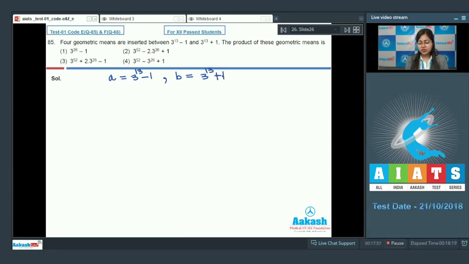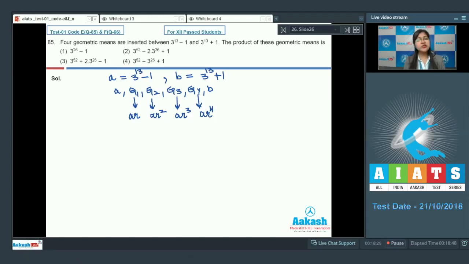Now in between a and b we have inserted 4 geometric means. Let us say they are G1, G2, G3, G4, right? And then we have b. Now G1 will be equal to ar, where r is the common ratio, and G2 will be equal to ar square, G3 is equal to ar cube, G4 is equal to ar4.